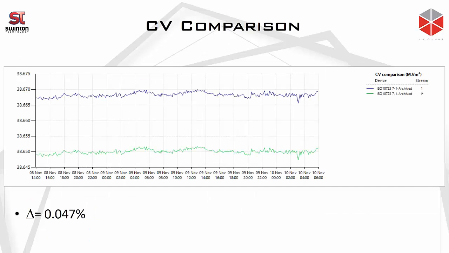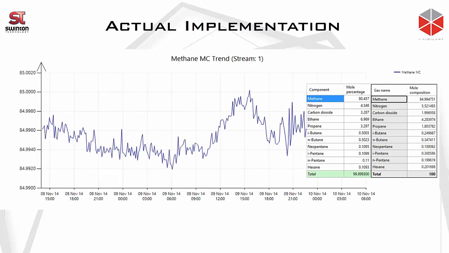When we see the impact on the CEV comparison, we then get a difference of 0.047% in the CEV, which is quite a big difference in the CEV, although it's still acceptable. However, if we change the mole composition of the calibration gas to somewhere closer to the actual mole composition where we actually measure it, we can then see the difference.